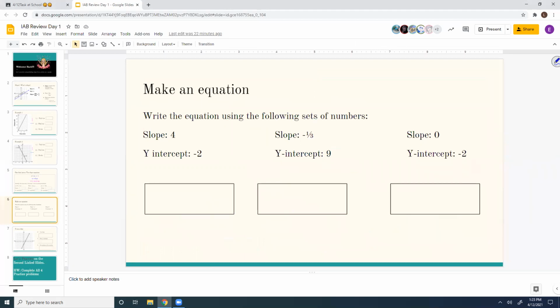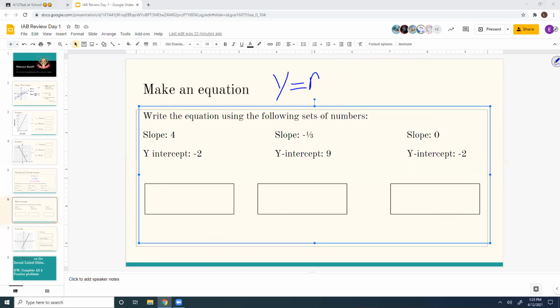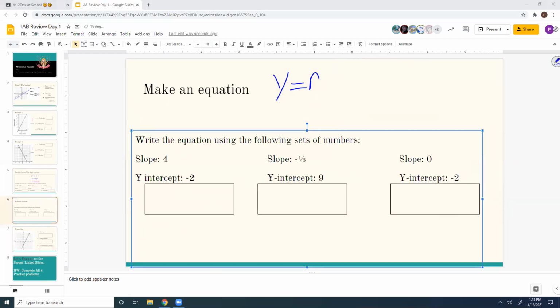Olivia: y equals mx plus b. Y equals mx plus b.